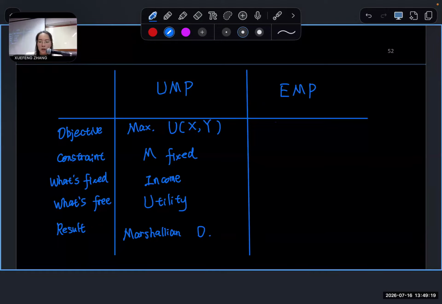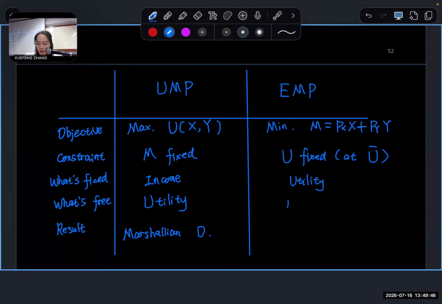The other way around, you want to minimize your spending, the expenditure. So U is fixed at U bar, the same utility. What's free? The money.